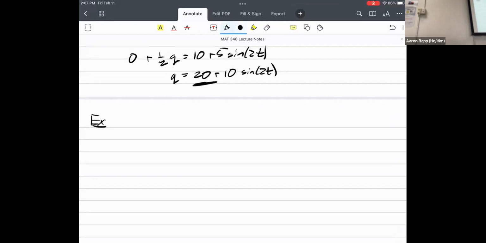We're going to suppose that the population of mice in a specific field is modeled by the following. When I say field, I mean like farm field, not area of study, not academic.